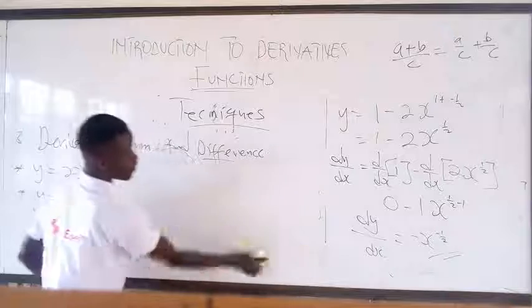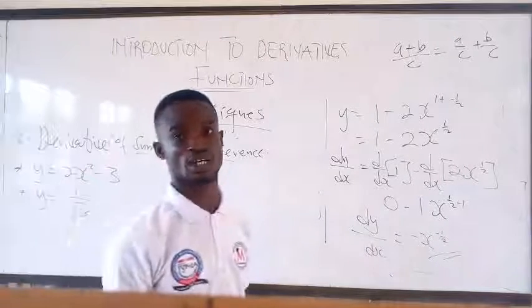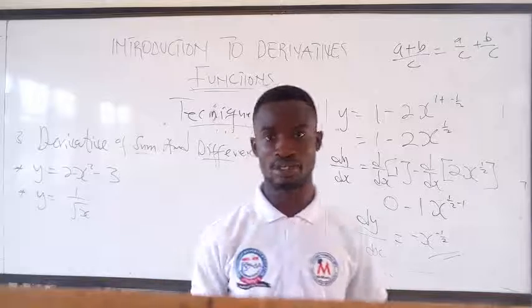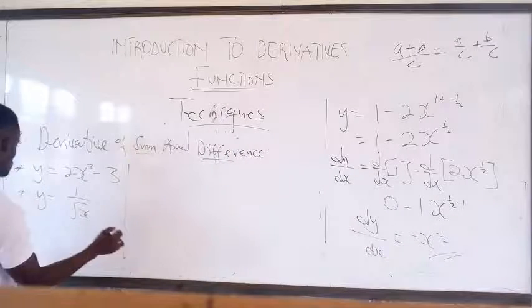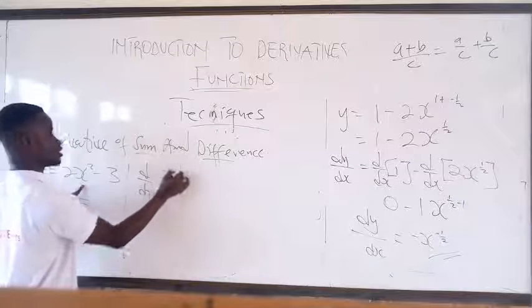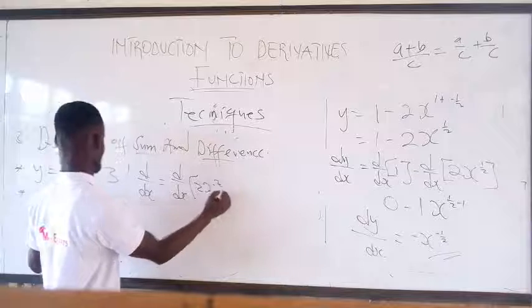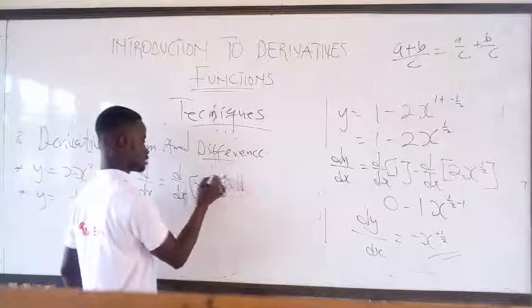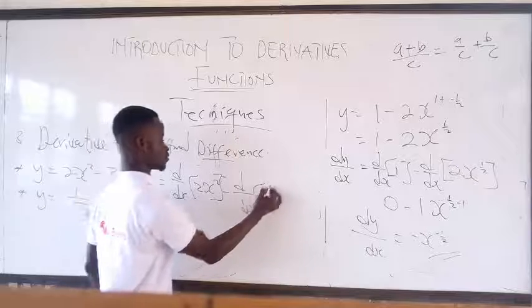It's the same thing, we are going to get the same answer, but if the question says use first principle, you just have to use your first principle, okay? Alright, I know you are used to it, so you will do that. So let's see. So the dy ds will be equal to the derivative of 2s squared minus the derivative of 3.